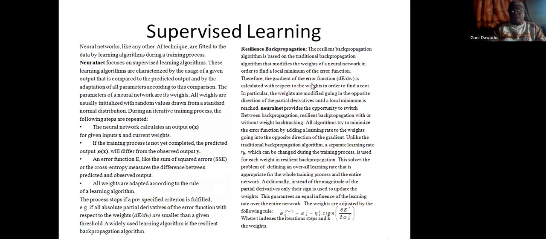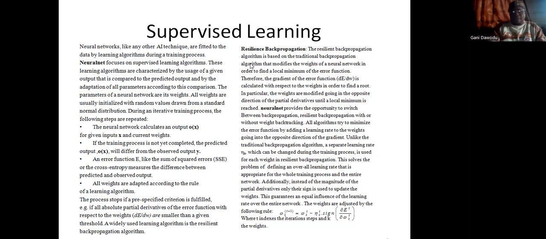Supervised learning, like all artificial intelligence techniques, you must do some training. ANN is not an exception in this case. The training is done, and the weight generation process is actually through resilient backpropagation.